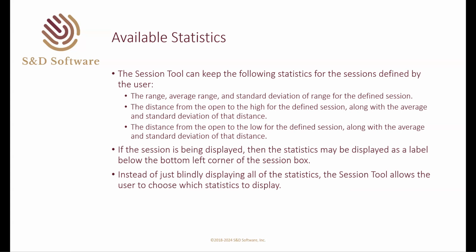So the tool can automatically calculate the range of a session. And if you want to go across multiple sessions, you can have it average the range of the last X number of sessions, where you determine what X is. By default, it's going to look at the last 10 sessions.